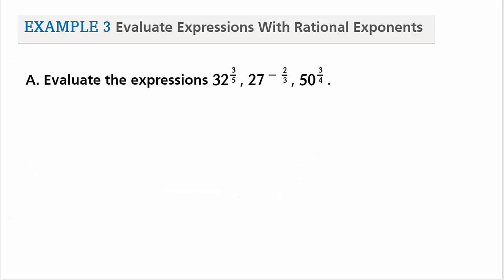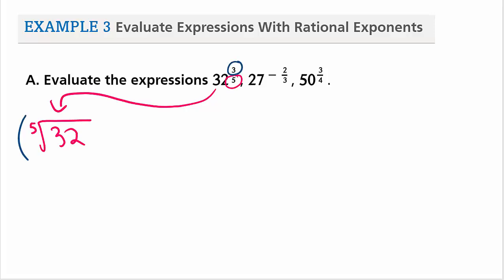Evaluate the expression with rational exponents. So we're going to rewrite this. We have 32. The 5 in the denominator means that we're going to take the 5th root, and the 3 in the numerator means that we're going to cube it afterwards.